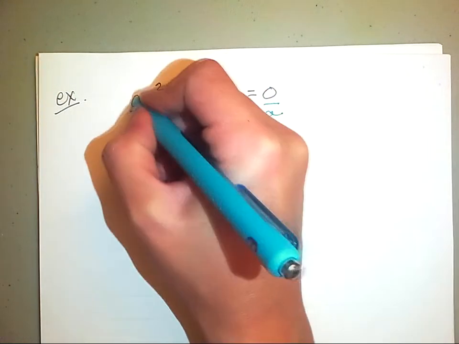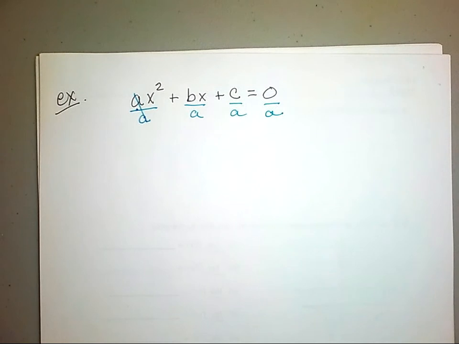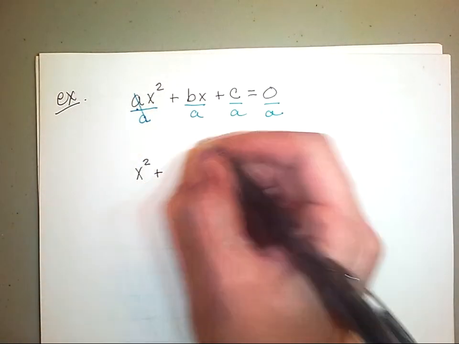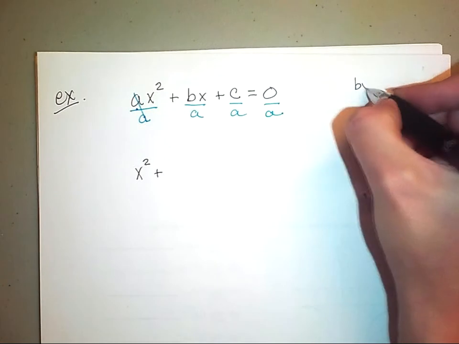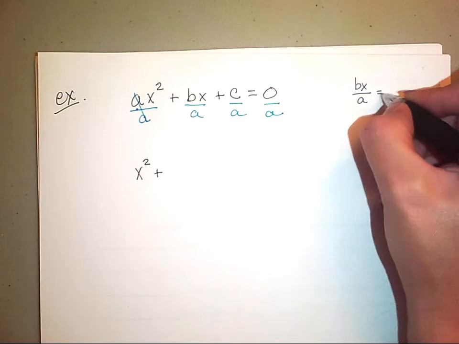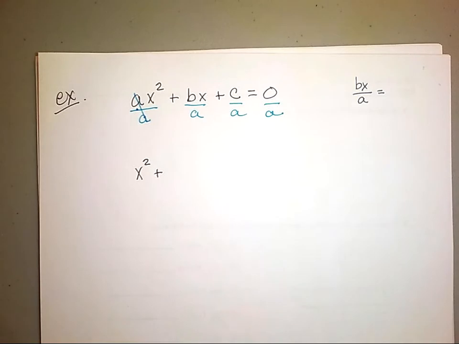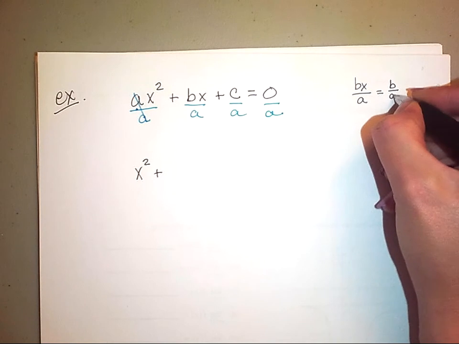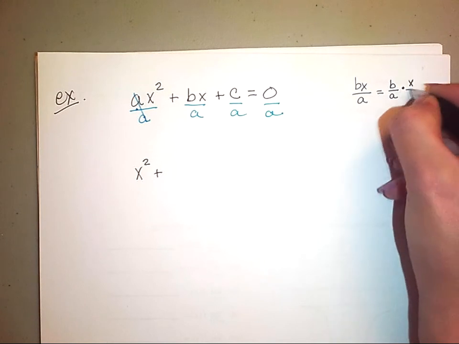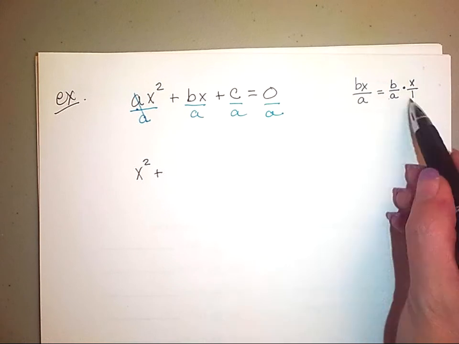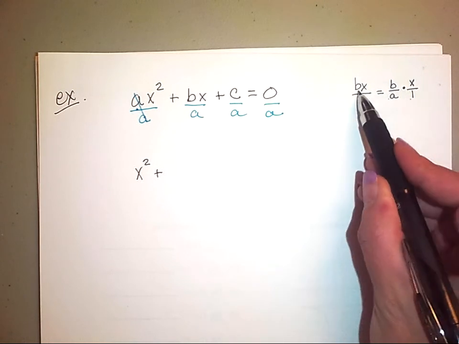Now the a's will cancel here. So we're left with x squared plus, now let me do this over here, bx over a. We could write this as b times a over x over 1. 1 times a is a, and b times x is bx.